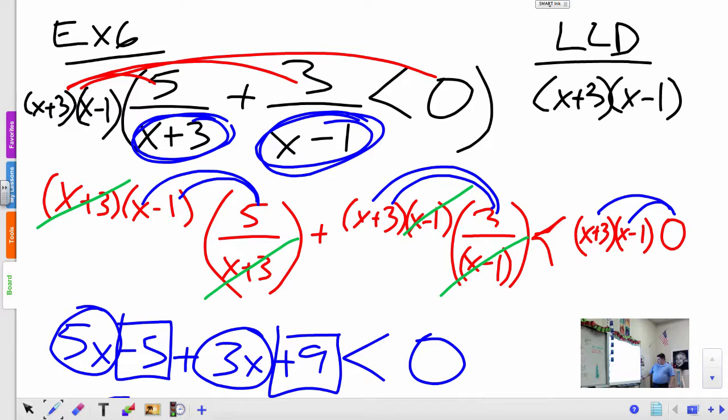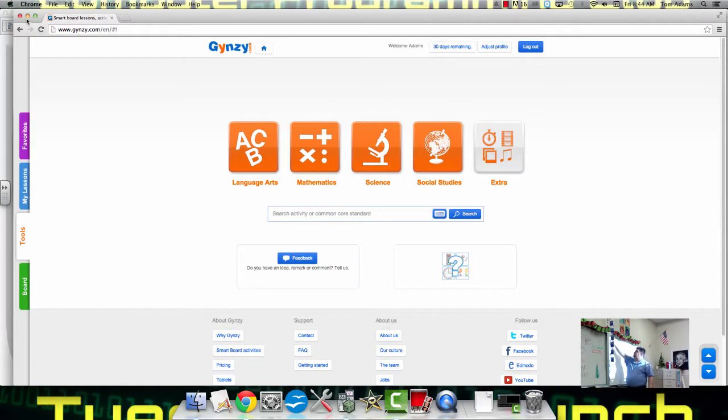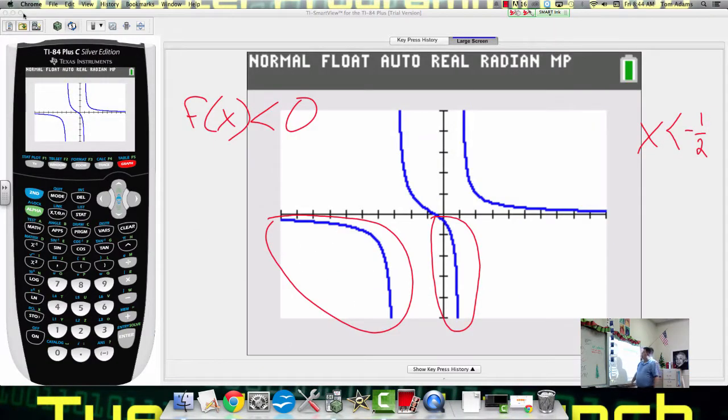So what I need to do then is figure out a way to make sure my answer is correct. This is what I got just using algebra. And I really didn't make any mistakes other than the fact that I forgot that the original fractions were defined by vertical asymptotes when they were undefined. Okay?